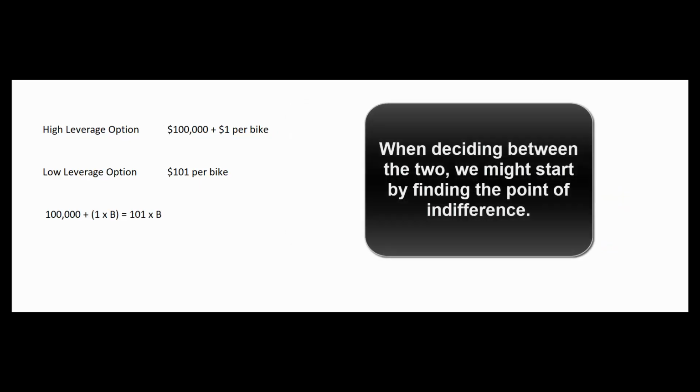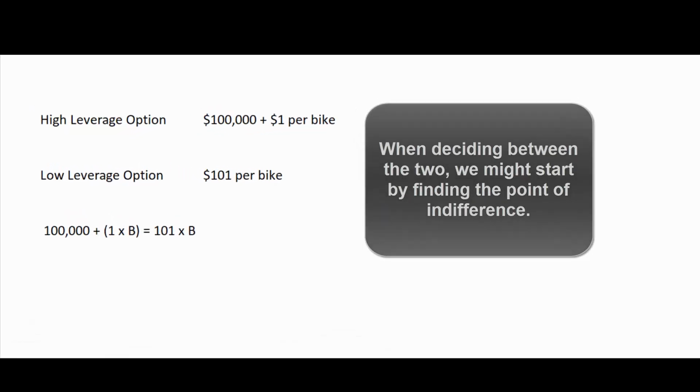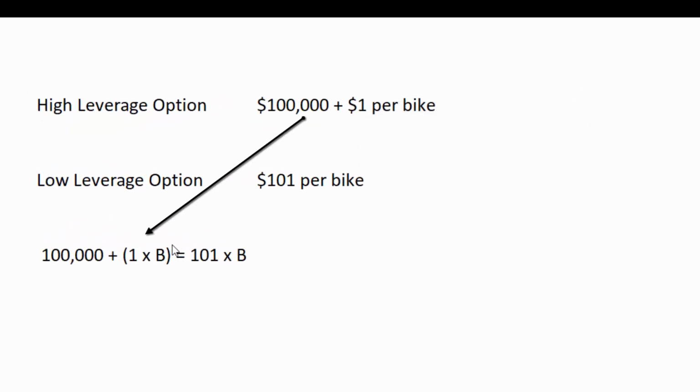A first step might be to find the point of indifference. At what point is our cost the same under the high leverage option and the low leverage option? So here's our high leverage cost, $100,000 plus $1 times each bike that we make. When is that the same as $101 times each bike that we make?